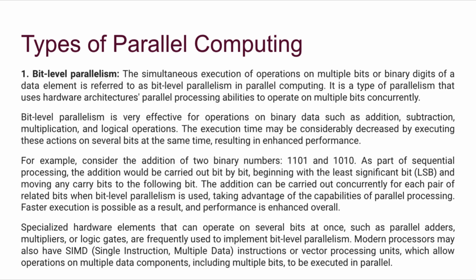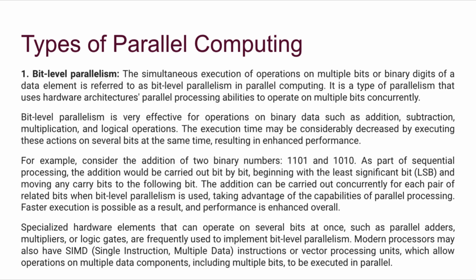It is a type of parallelism that uses hardware architecture's parallel processing abilities to operate on multiple bits concurrently. Bit-level parallelism is very effective for operations on binary data such as addition, subtraction, multiplication, and logical operations.